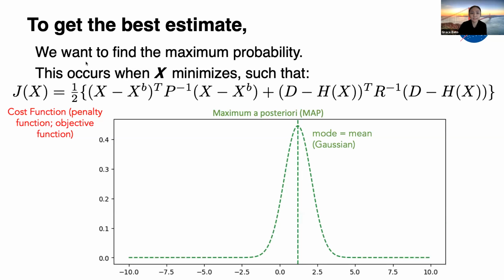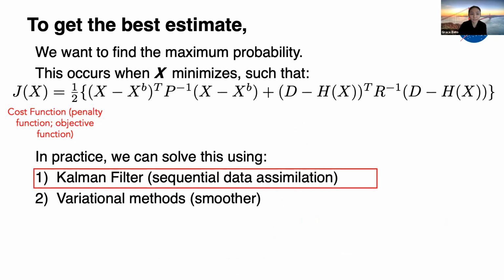The maximum probability occurs when x minimizes this cost function here. It's also called the penalty function or the objective function. There are several ways to minimize it. In practice, we can solve this using the Kalman filter, using sequential data assimilation, for example. Or second, you can use variational methods, but we will not talk about variational methods in this seminar. I will just focus on the Kalman filter.